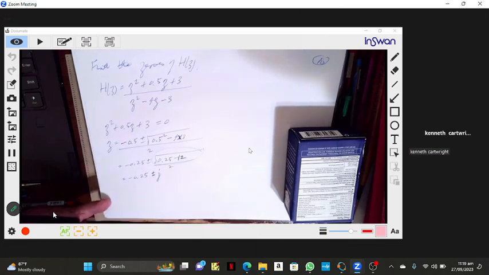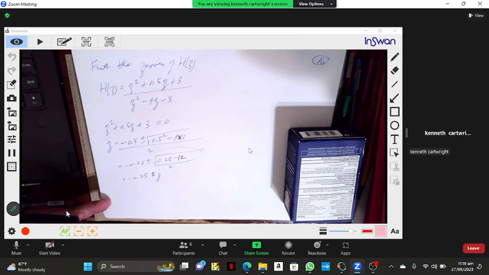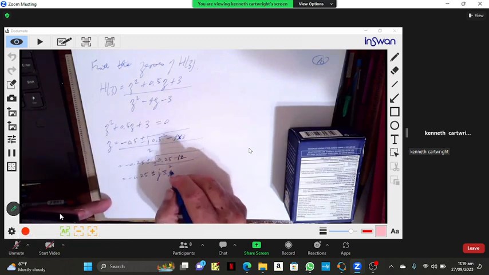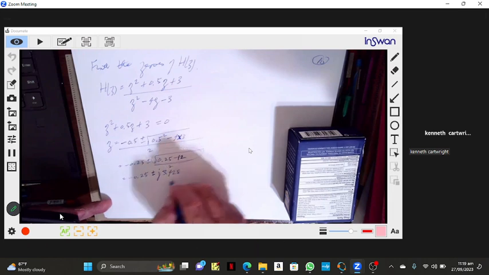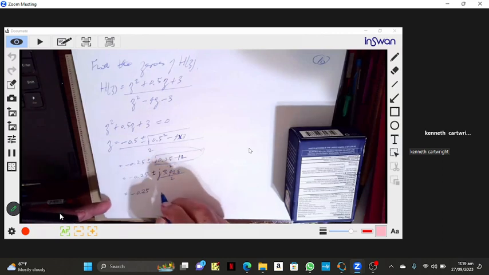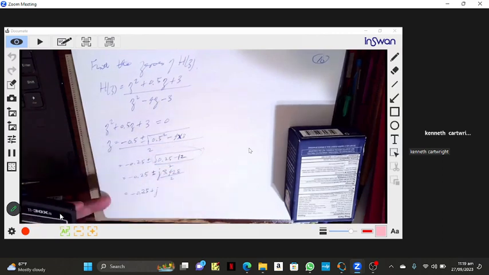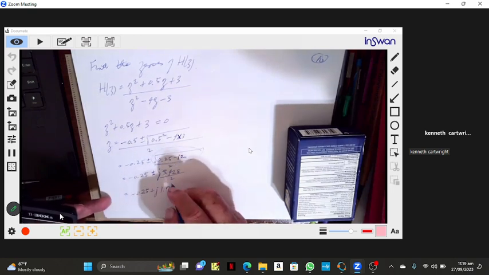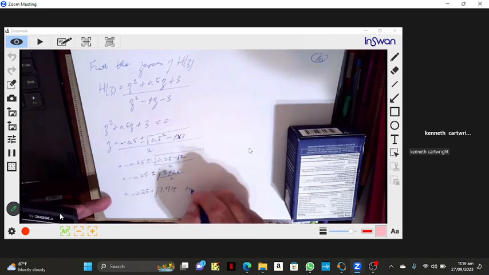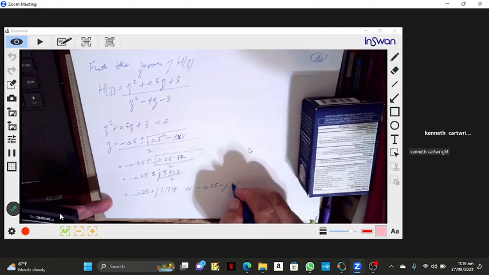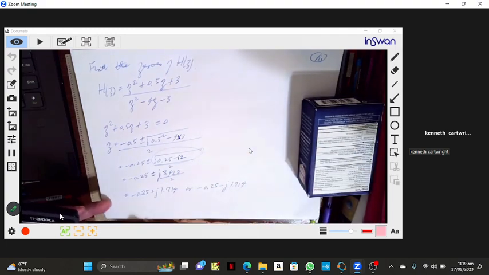What happened to the square root sign? 3.428 divided by 2. Negative 0.25 plus J 1.714 or negative 0.25 minus J 1.714. Okay.